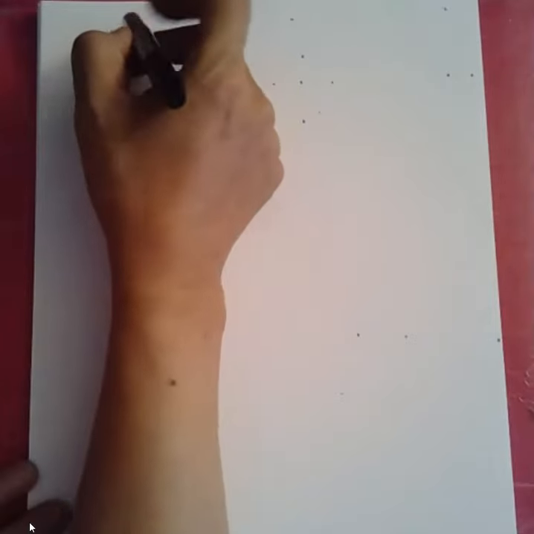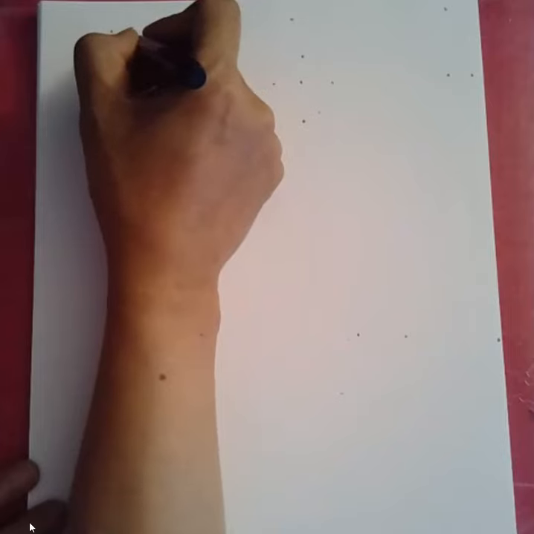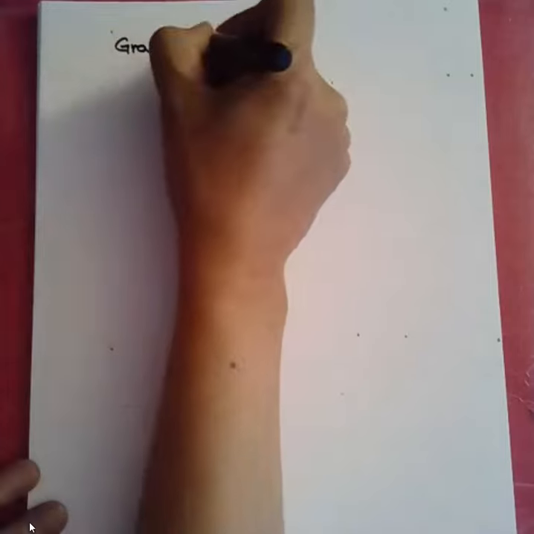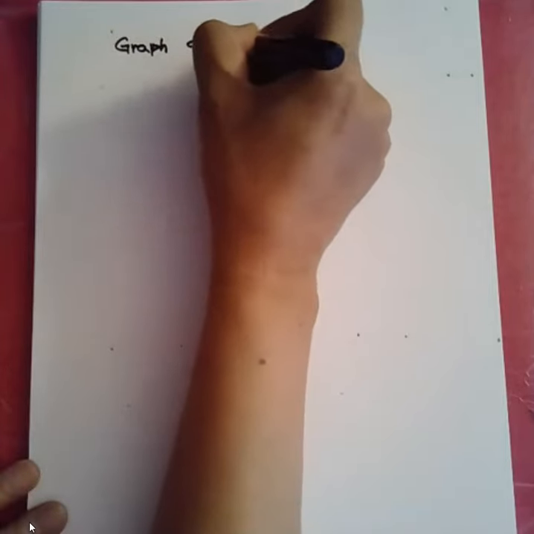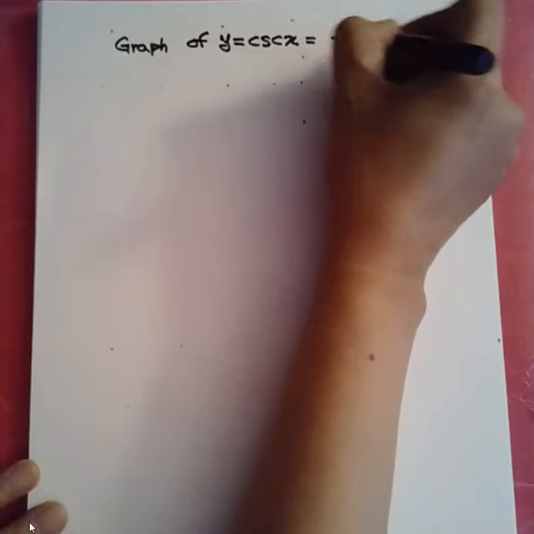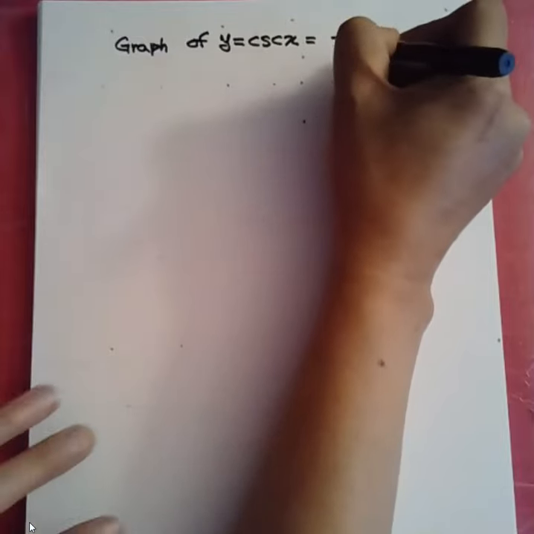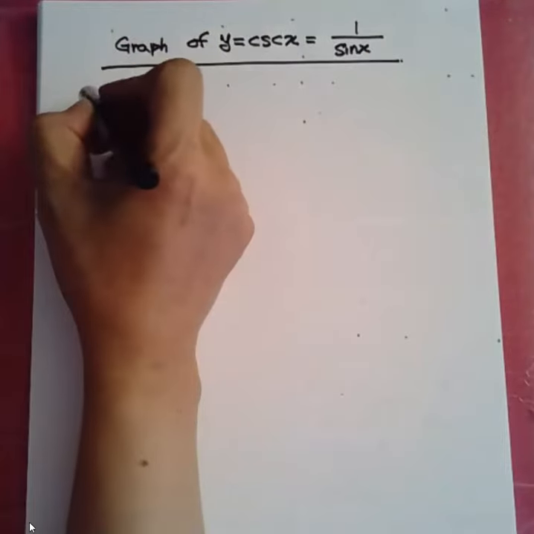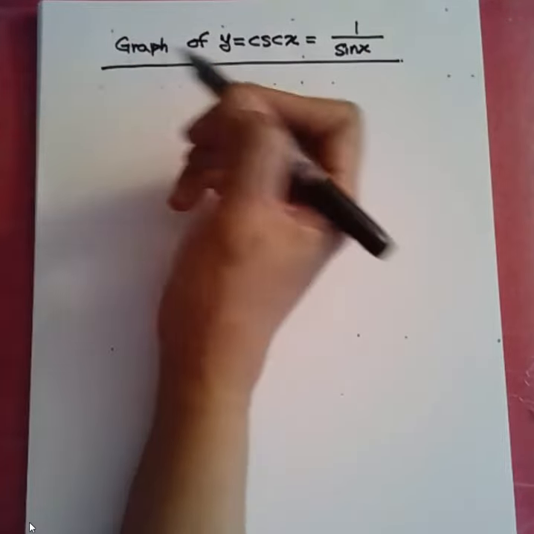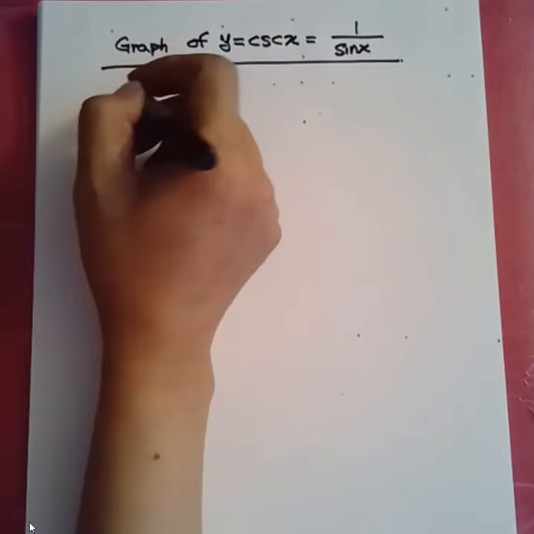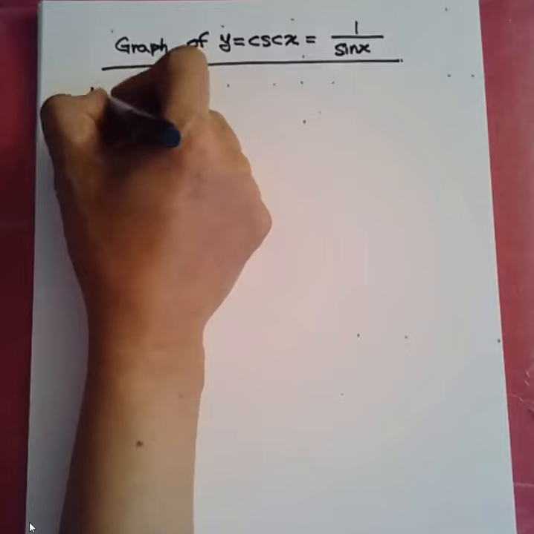Let's graph cosecant function. This time, the denominator becomes sine, but the working principle will stay the same.